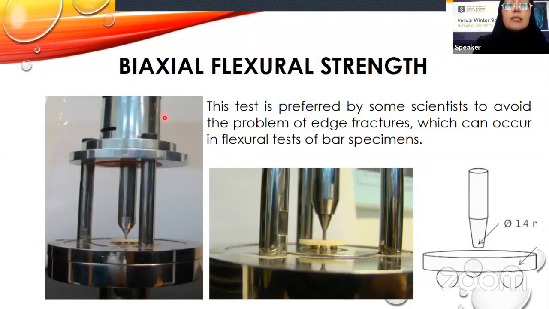Another test method is biaxial fracture strength. This test is preferred by some scientists to avoid the problem of edge fractures. We have these accessories too for evaluation of biaxial fractures, and some of our researchers chose this device for measuring the strength of ceramic materials.